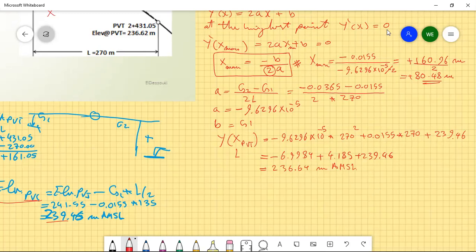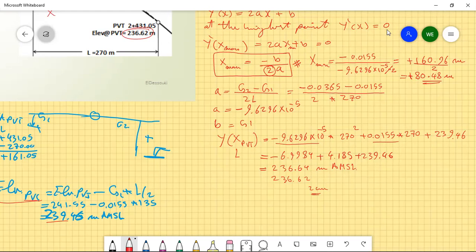The value here is 236.62. So we have an error of 2 centimeters, which is acceptable. That means our equation and coefficients are correct. As I mentioned, we made a mistake: we forgot to divide by 2. So 160.96 divided by 2, this x should be 80.48.